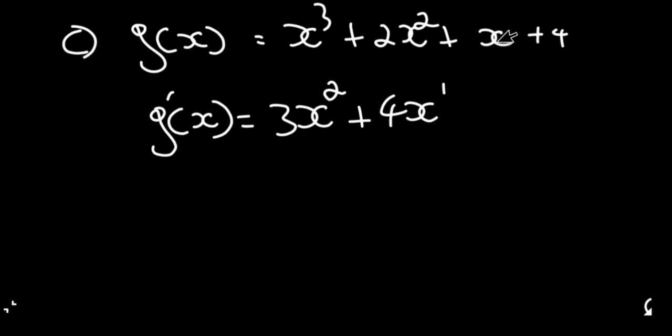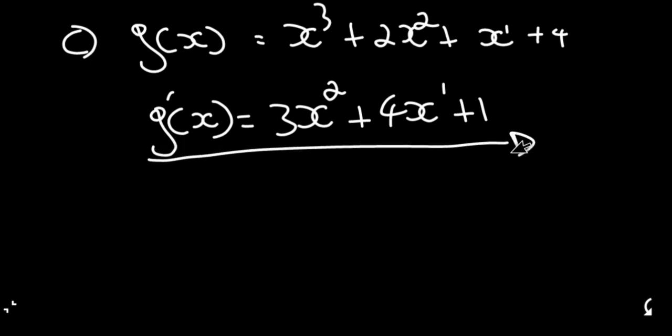Differentiating the exponent here, it's 1. 1 times 1 is simply 1, and 1 minus 1 is 0, and anything to the power of 0 is simply 1, and 1 times 1 is gonna be 1. The derivative of 4 is simply 0. So we're gonna leave our expression as this, our derivative.